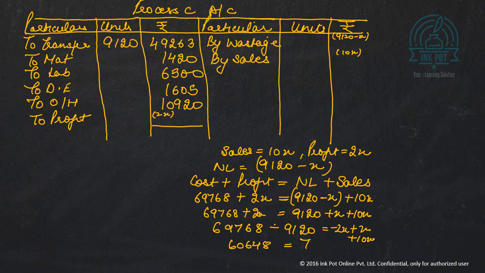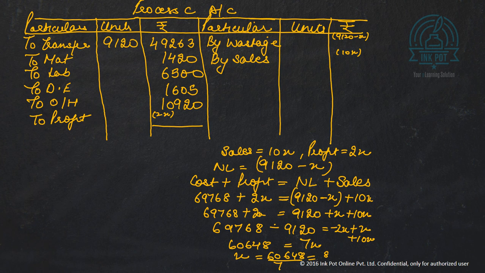So x is equal to 60648 divided by 7. We will get the value, which comes out to be, x is now 60648 divided by 7, it is 8664 units.